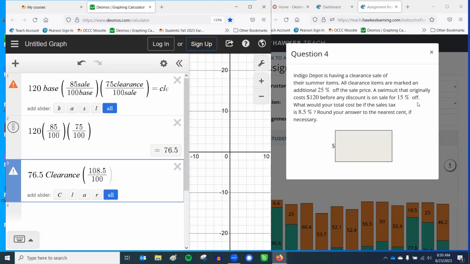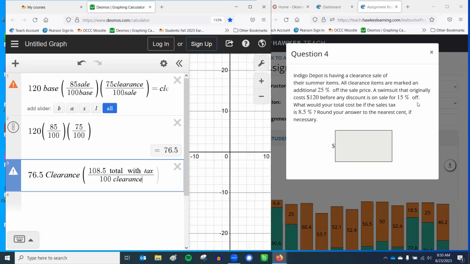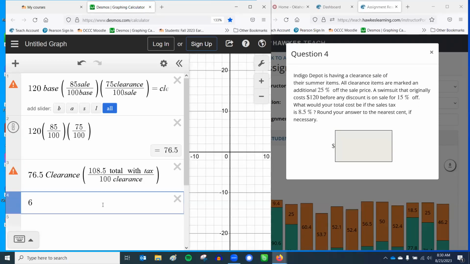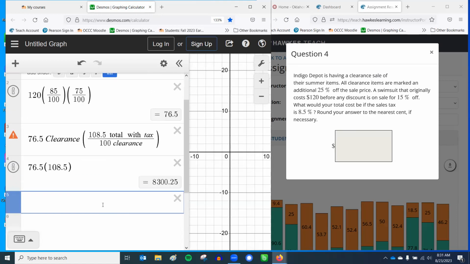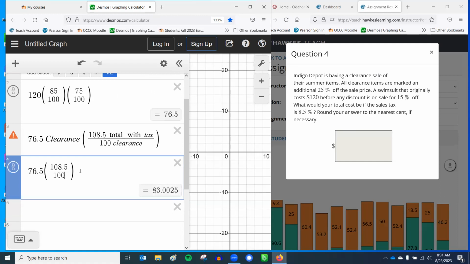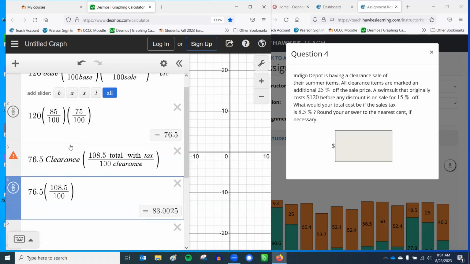Or for every 100 cents, you pay an extra 8.5 cents is how people normally think of it. Either way works, right? And that's the total with tax over clearance. And so we get 76.5 times 108.5 divided by 100, and that gives us our total with tax.